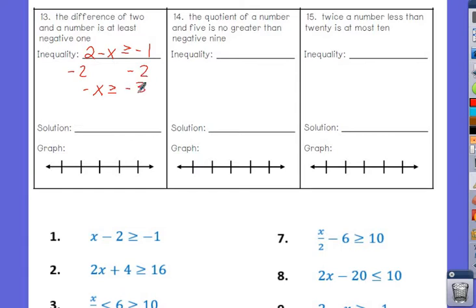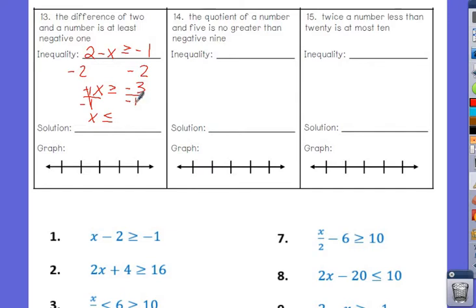Combines to a -3. Is x by itself? No. It's got a negative sign. I've got to get the negative off. It's understood to be a -1 right here, being multiplied. What's the opposite of multiplication? So I'm going to divide both sides by a -1. I get x, and I said divide and negative in the same sentence, so what do I do? Flip the inequality.